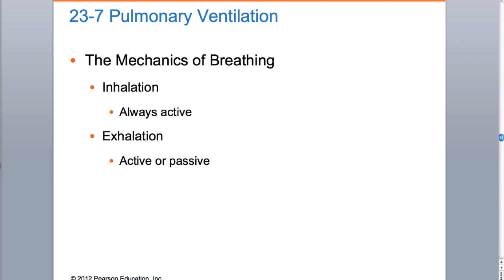That's how you get more of your air out. If you're just exhaling normally at rest, that would be a passive process. But if you're coming from underneath the water in a swimming pool and you've just run out of air, you're now really blowing in and out quickly, like in hyperventilation, that would be more of an active exhale.